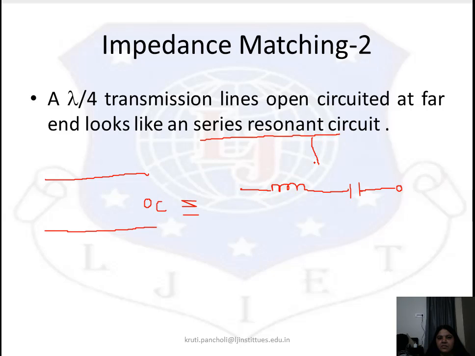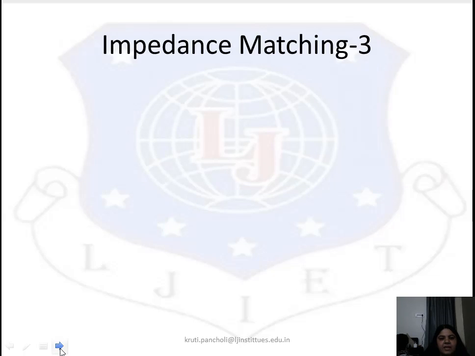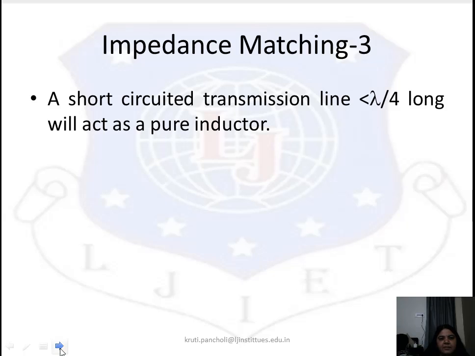Okay. Next is the impedance matching 3. In that, a short circuited transmission line less than lambda by 4 long will act as a pure inductor.